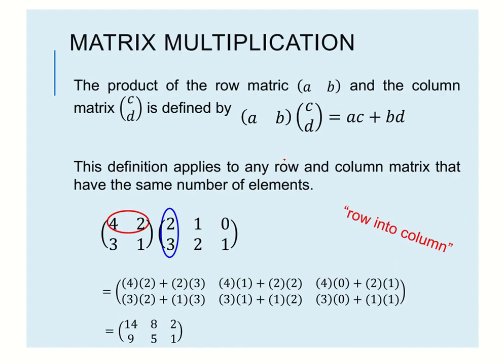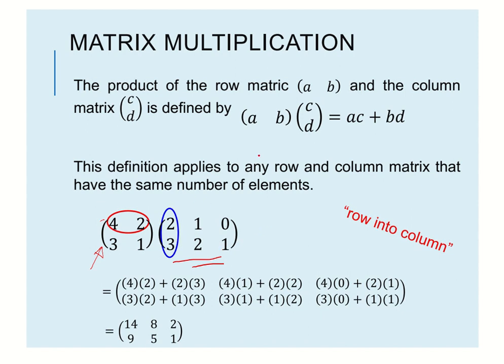Next, we are going to learn to multiply two matrices. When we multiply two matrices, for the first matrix we perform the operation according to rows, and for the second matrix we perform the operation based on columns.